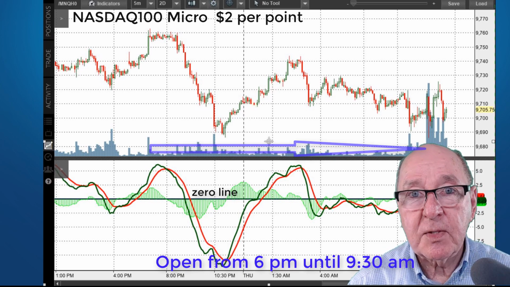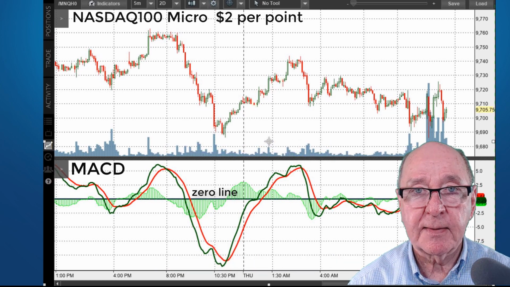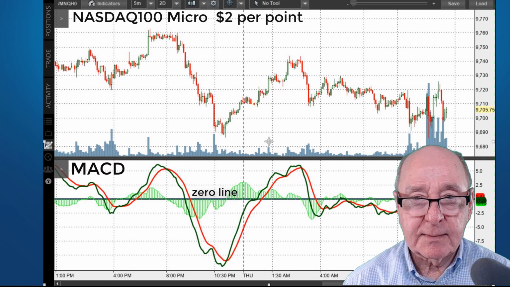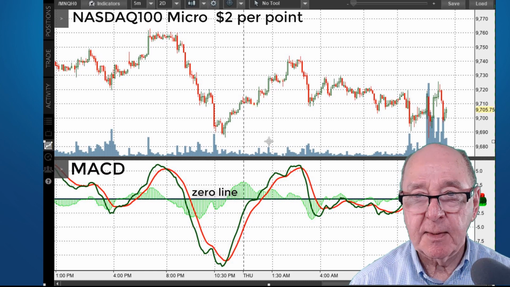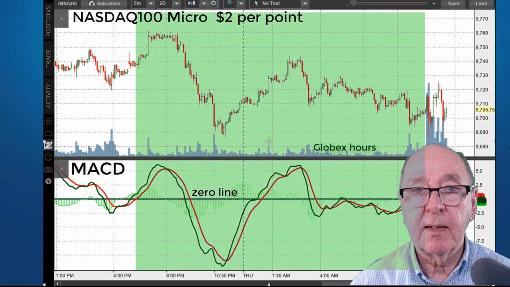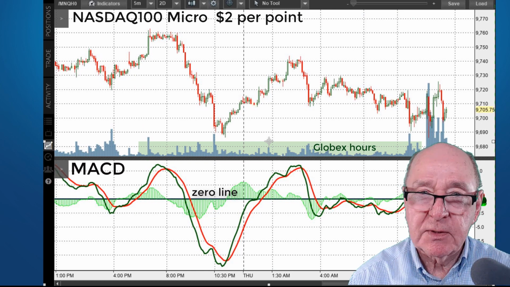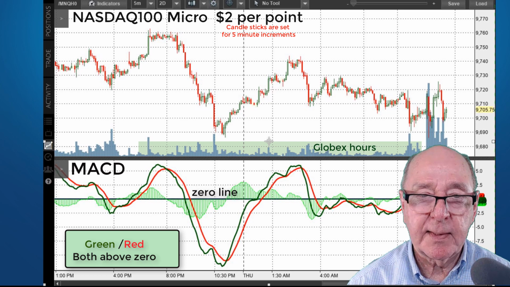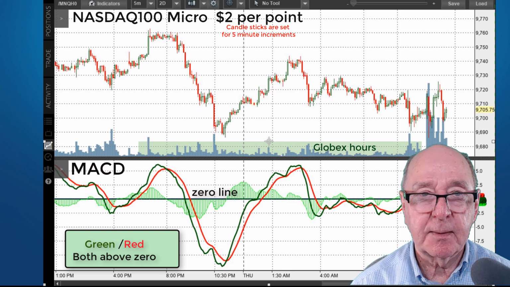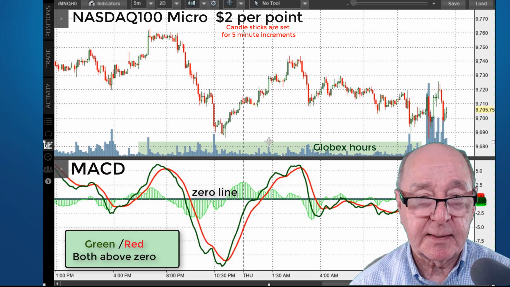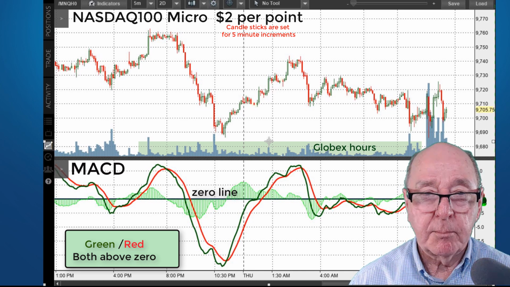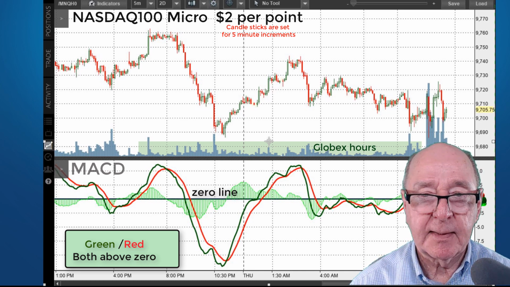Okay, now as promised, let's go over a Globex overnight right here, and I'll highlight that in green for you from 6 p.m. until 9:30 the next morning. Now, remember, the two rules of thumb that I use for my trade signal indicators using the MACD, which is in the lower pane, are green over red, both above zero, that's a buy.